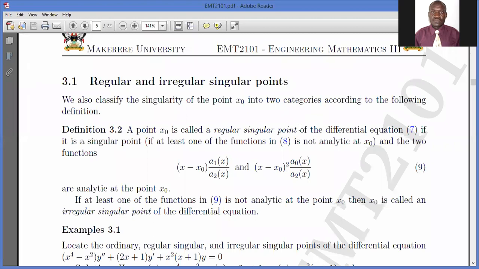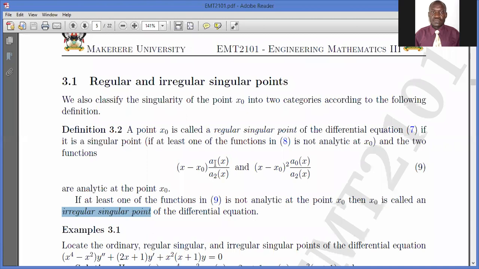But if you deal with that same substitution and one of these is not analytic, or both are not analytic, then you will end up with an irregular singular point. So it's all about substituting those points in here.